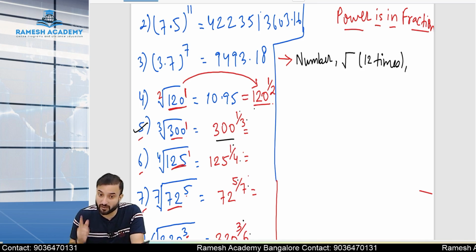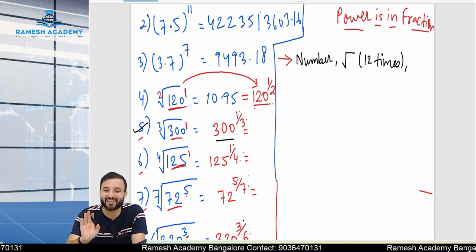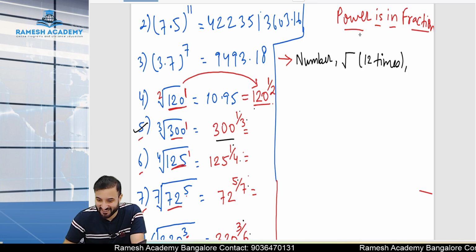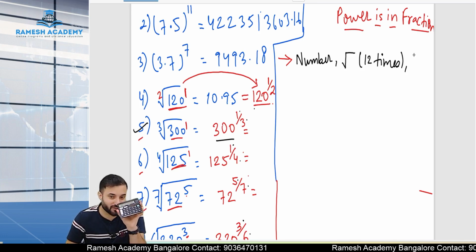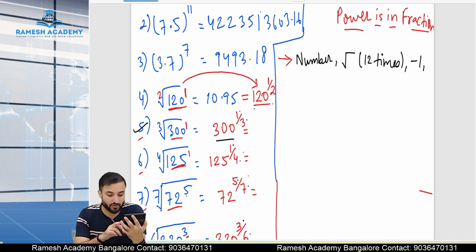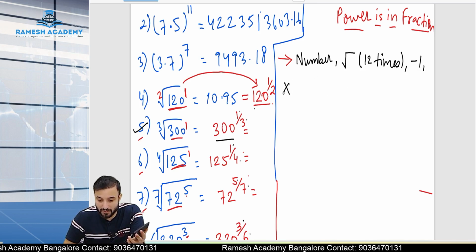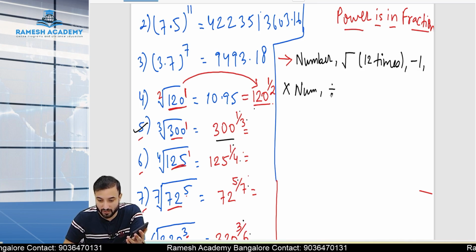But that is not the answer. Wait a moment, be patient. Whatever answer comes, you have to do minus 1. Then multiply with the numerator and divide by the denominator.